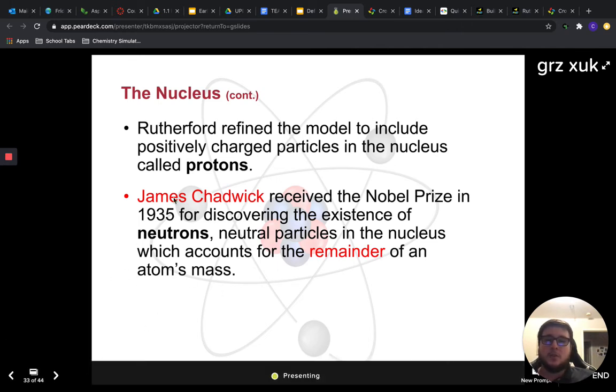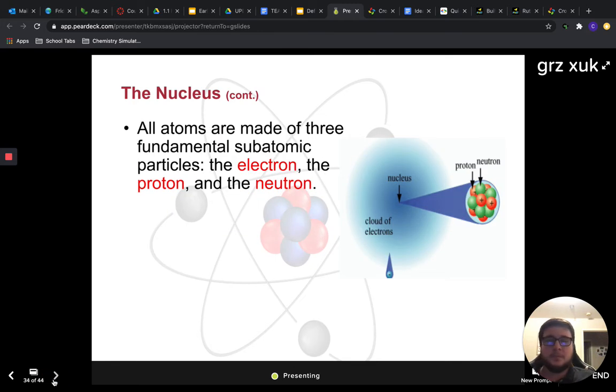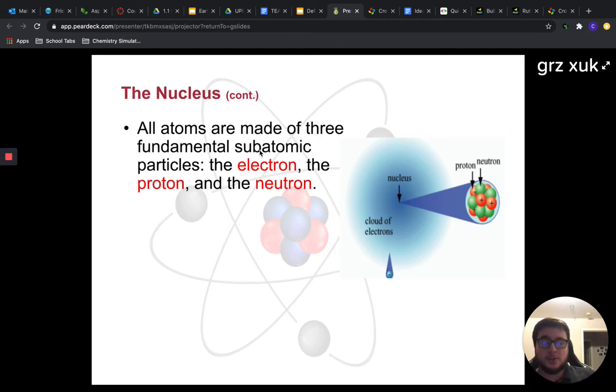All right, so after Rutherford discovers the nucleus and protons, James Chadwick comes along and discovers neutrons and completes the model of the atom as we know it today. All right, so just to recap, all atoms now are made up of 3 fundamental subatomic, meaning smaller than an atom, particles. The electron, which was discovered by JJ Thomson, has a negative charge, okay, almost zero mass.